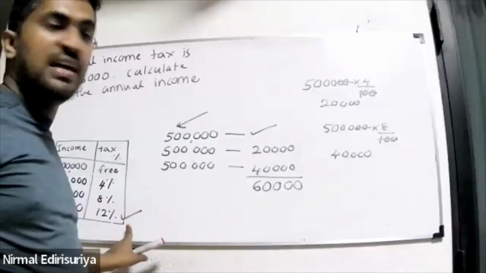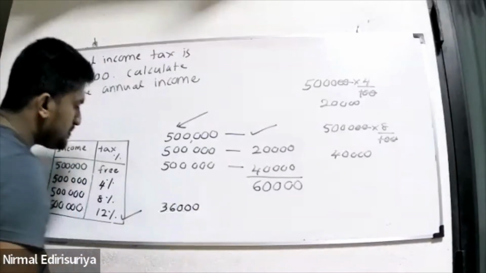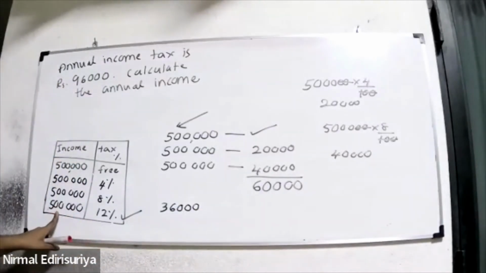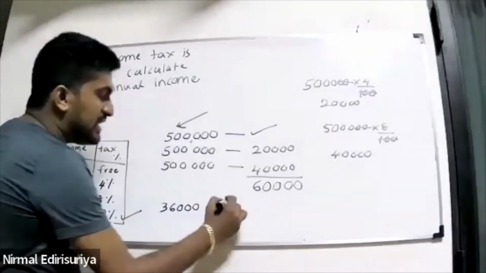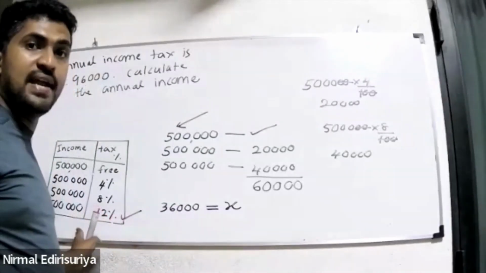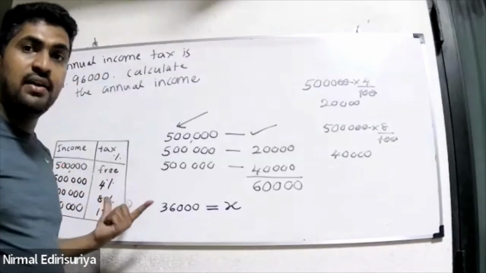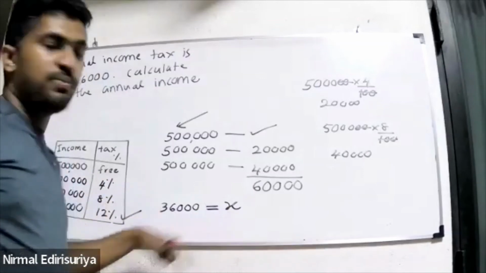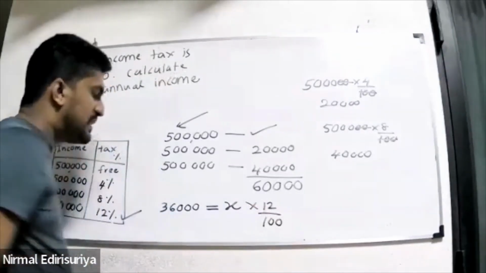So the remaining 36,000 he is paying under the fourth category. That category's income you don't know, it is not necessarily 500,000, but you know the percentage is 12%.